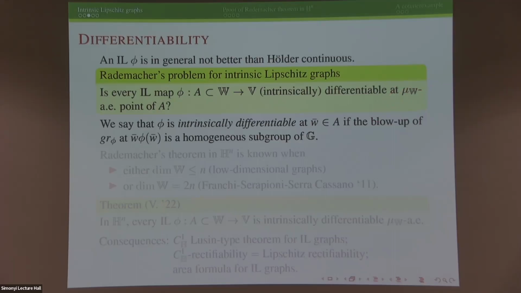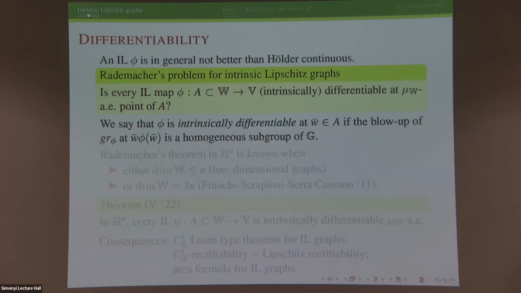Okay, so what should intrinsic differentiability be? I would say that a map phi is intrinsically differentiable at some point W bar if, when you pick the corresponding point on the graph and perform a blow-up procedure, this submanifold converges to a homogeneous subgroup of G. Of course, the blow-up is meant with respect to the intrinsic dilations of the group.